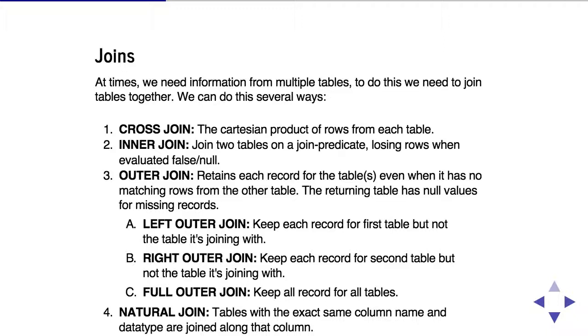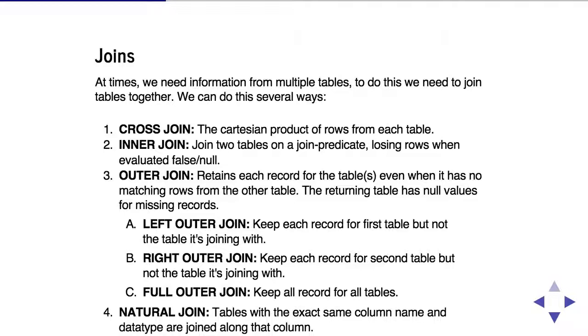Outer join joins it up when that condition is either true or null. So the left outer join, where the left-hand side returns everything in that column, so the right-hand column could be null.